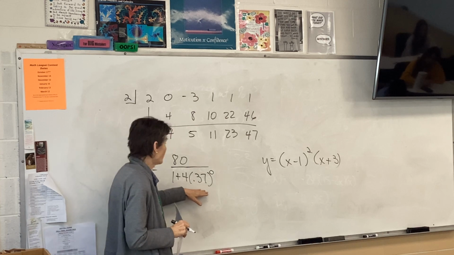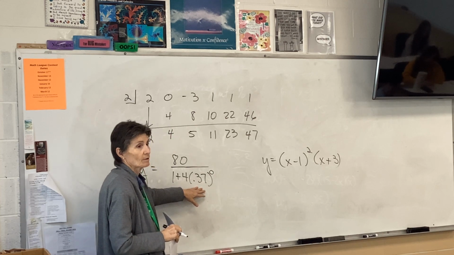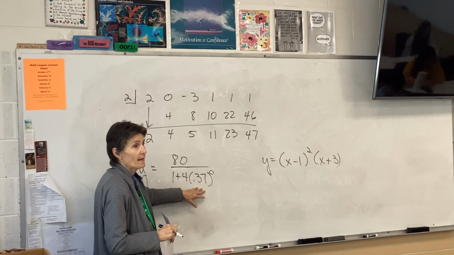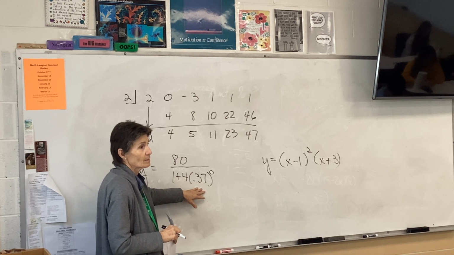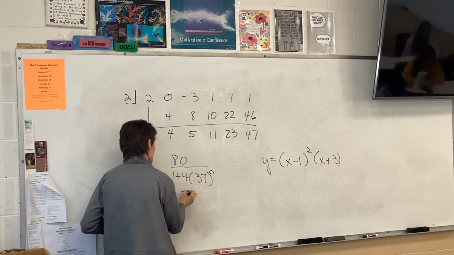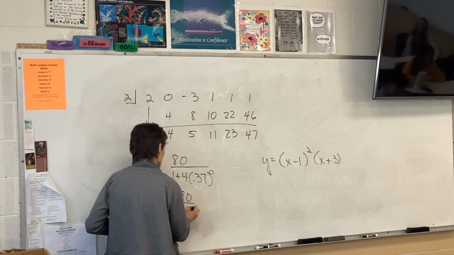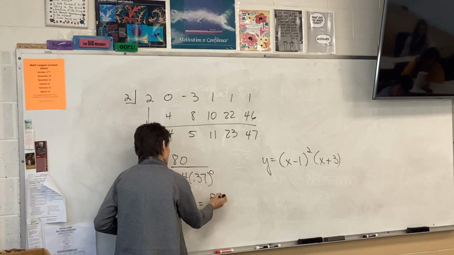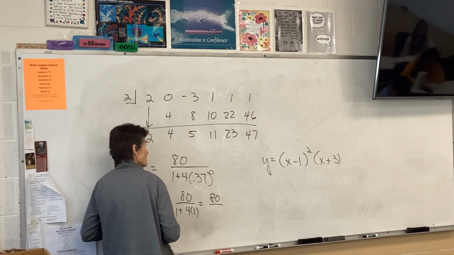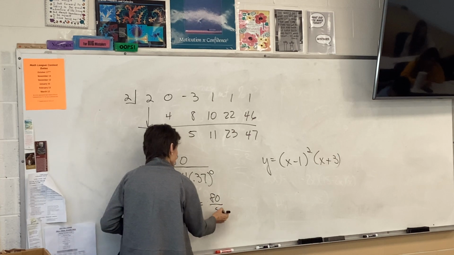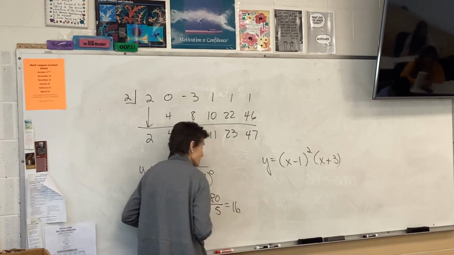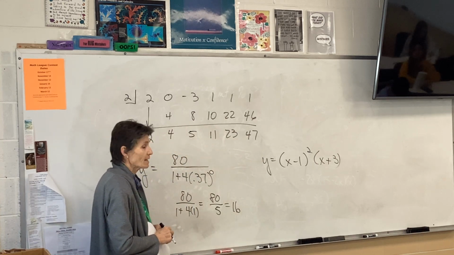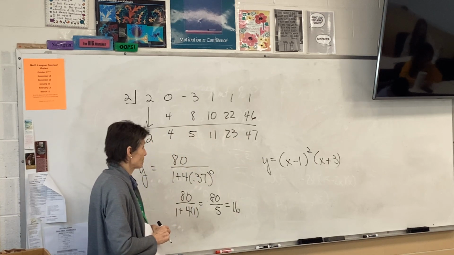Okay, what's 0.37 to the 0? 1. Anything to the 0 power is 1. So this is 80 over 1 plus 4 times 1. So what's my denominator? What's 1 plus 4 times 1? 5. And 80 over 5 is 16. So my y-intercept is 16.